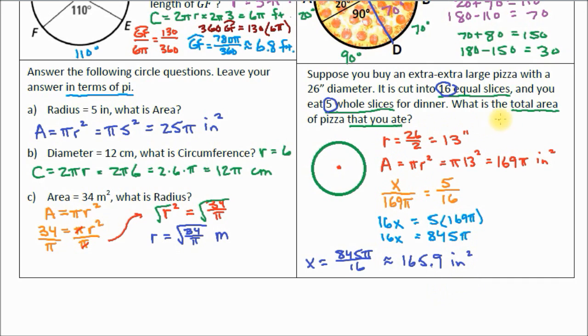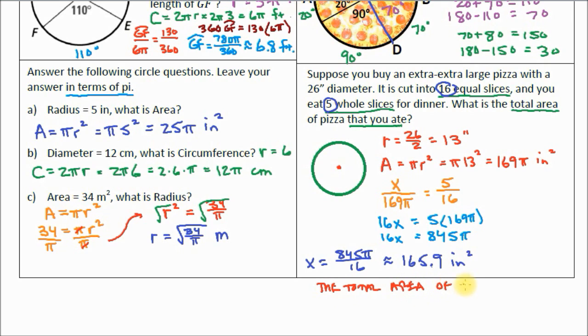So here's how we can find the total area of the pizza you ate. I would suggest on this particular problem you would write this as a sentence answer, so I would do that right now. The total area of pizza I ate, and I can actually do that. Let's do that. The total, remember I tell you guys a word problem needs a word answer.